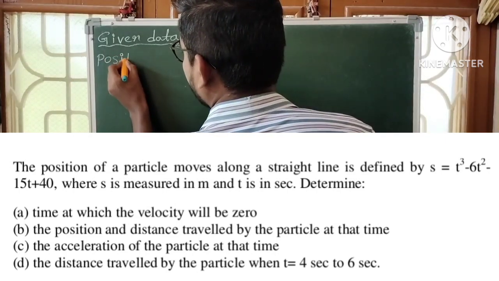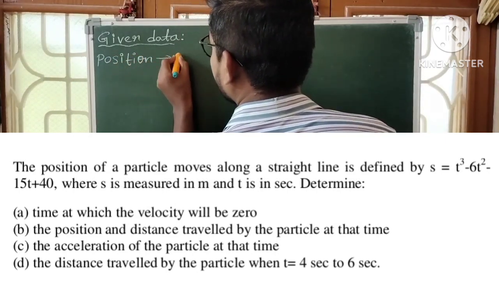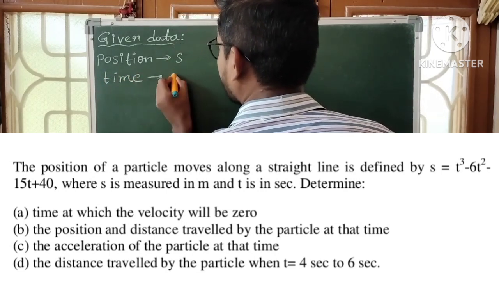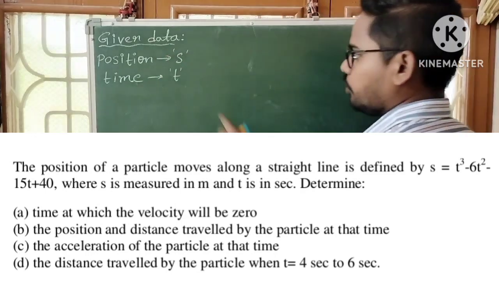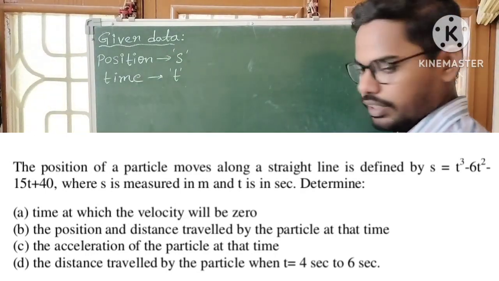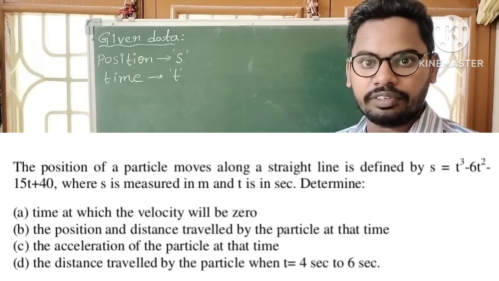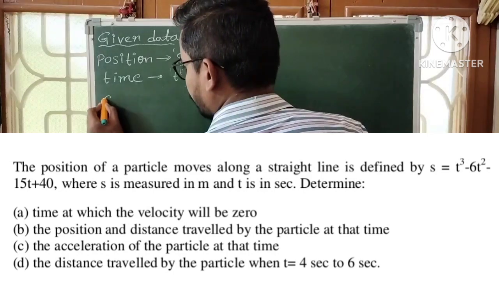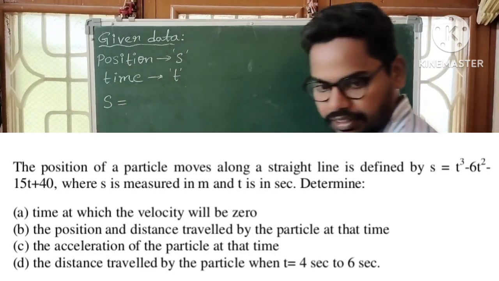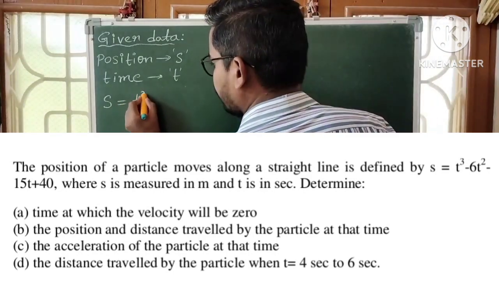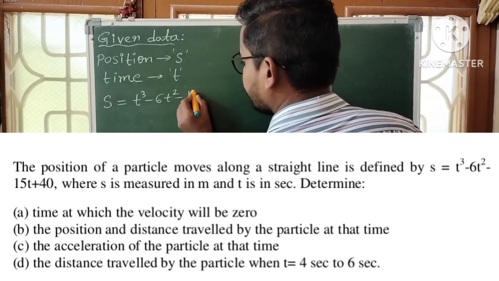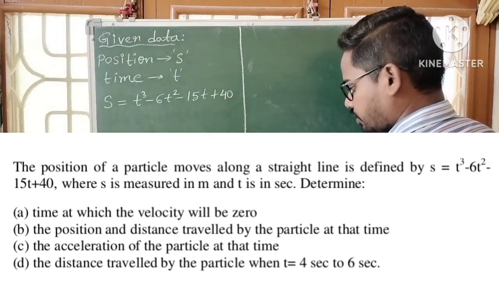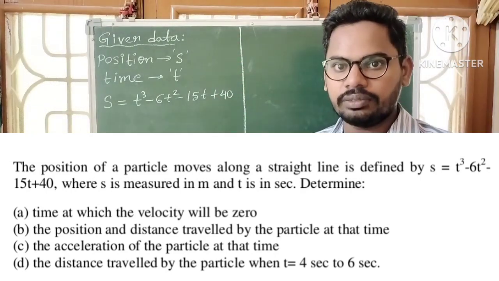The relationship between position and time is s equals t cubed minus 6t squared minus 15t plus 40. This is the equation of position of a particle in terms of time.